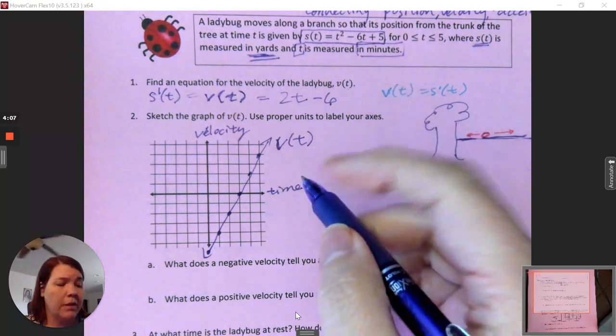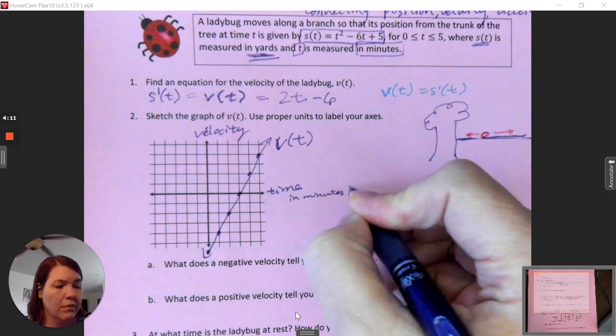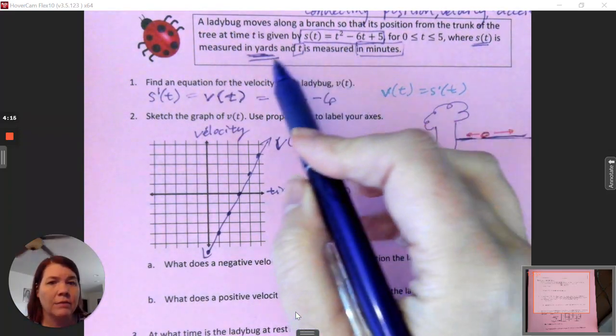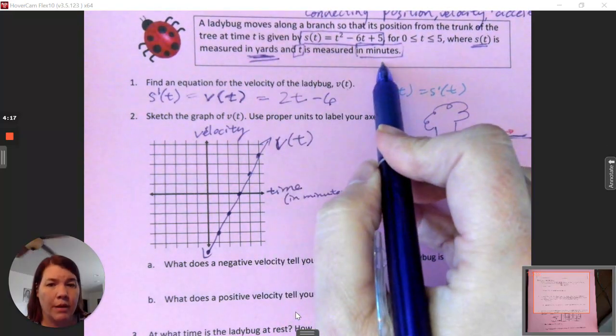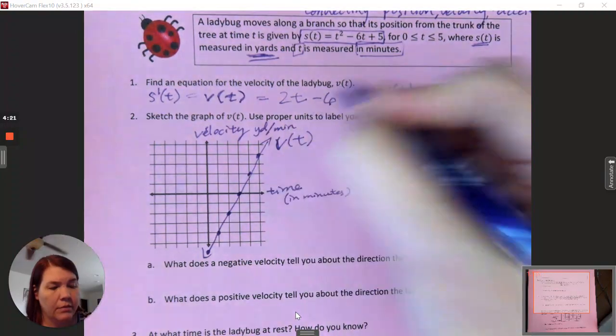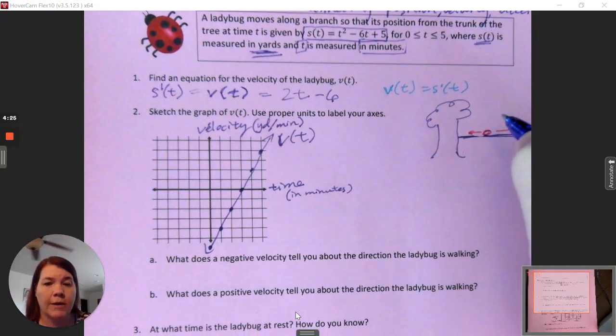Time is being measured in minutes, and velocity is measured in yards per minute. Yards, yd, per minute. So that's what it's looking for, those kinds of things.